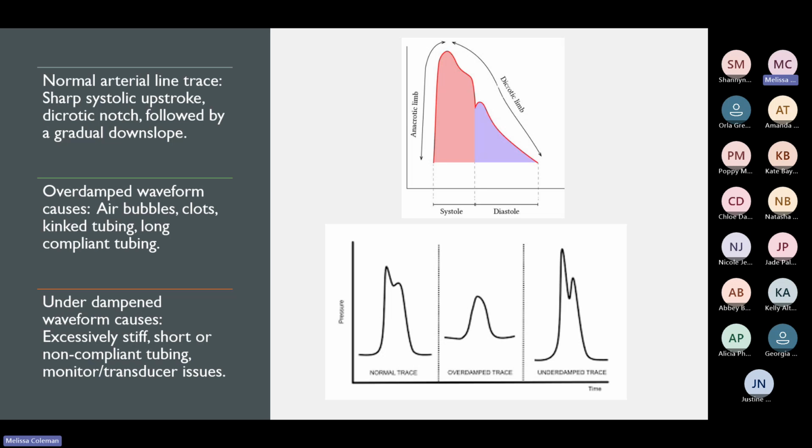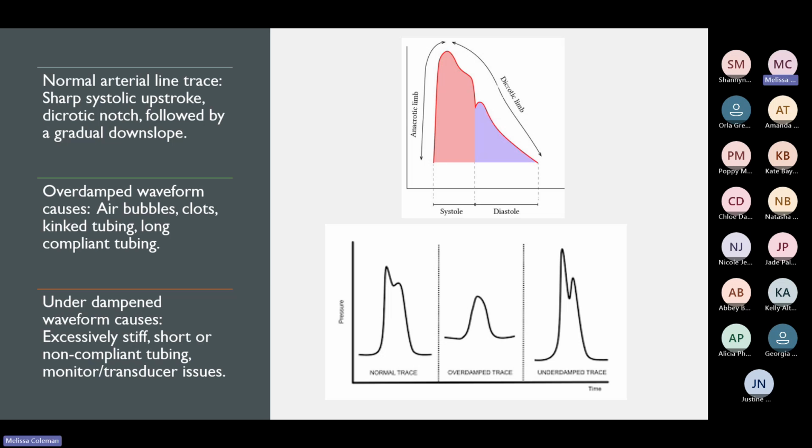You've got kinked tubing, or your tubing is too long and compliant, because we want that non-compliant tubing. And then your underdamped waveform, the causes can be extremely stiff, short, too non-compliant tubing, or you can be having monitor or transducer issues.